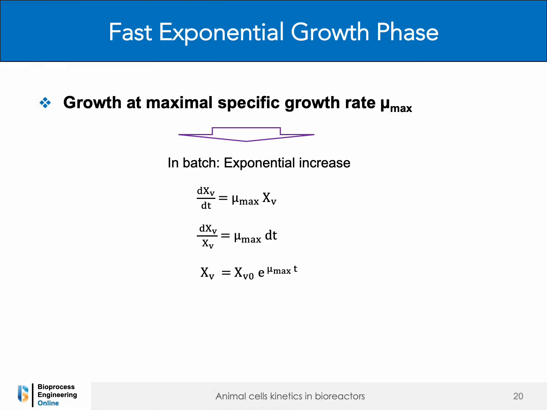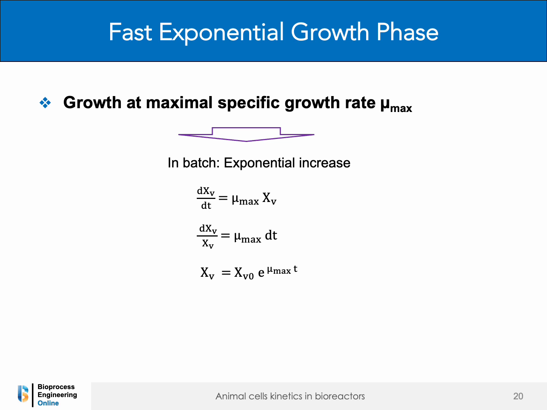Once the cells have adapted to the culture conditions, they enter the exponential growth phase. During this period, cells divide at their maximum specific growth rate, denoted mu-max. For a batch culture, the cell balance leads to the differential equation, dx/dt equals mu max times x.